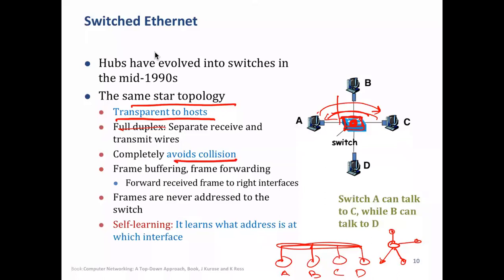We'll see how. This is a switch, and when A is sending to C, it stores the frame in a buffer, and when the port is available, it sends it there. At the same time, B may communicate with D. B sends a frame, which gets buffered here, and the switch sends it to D. So there is no collision happening here.